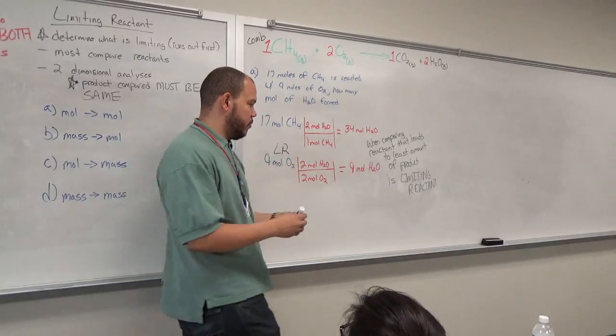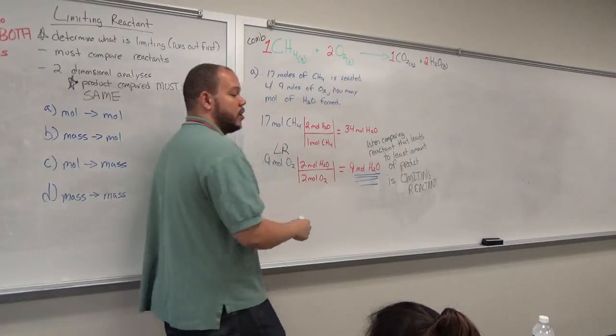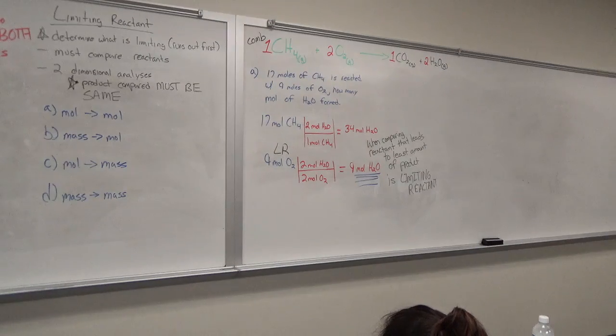This value is the answer to our question, because it comes from a limiting reactant. There's your answer. So the lowest number will be your answer. So 34 is not even. Well, you need to calculate 34 to be able to compare, but 34 is not the answer because it is the larger amount.